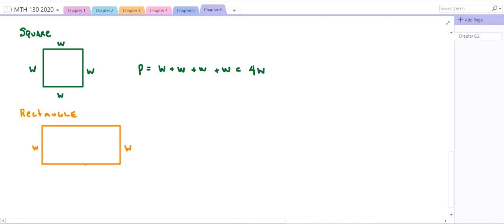We'll call those W, but it has 2 other sides that are different. We'll call them L. So our perimeter for a rectangle is L plus W plus L plus W, which is the same thing as 2L plus 2W. Or we could even write it like this, 2 times L plus W.